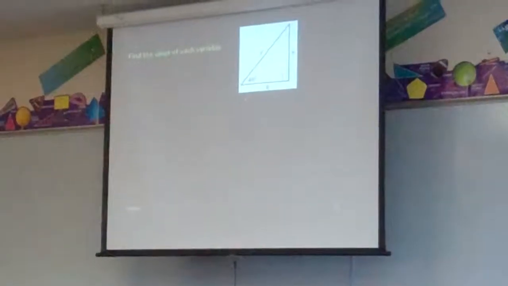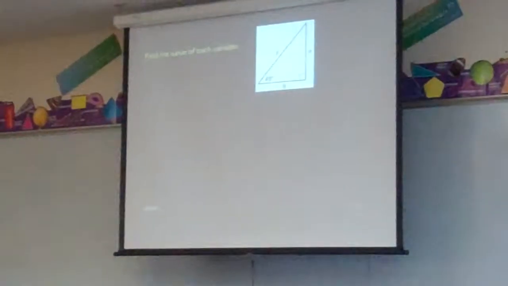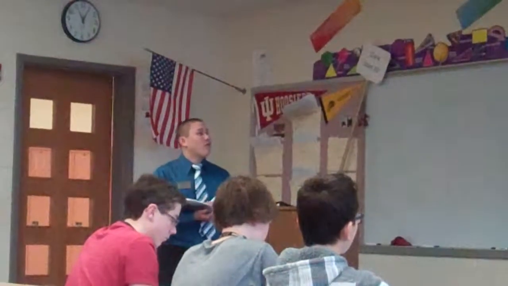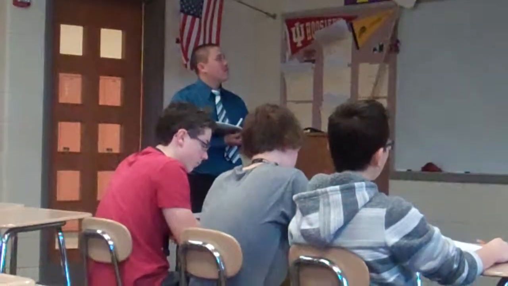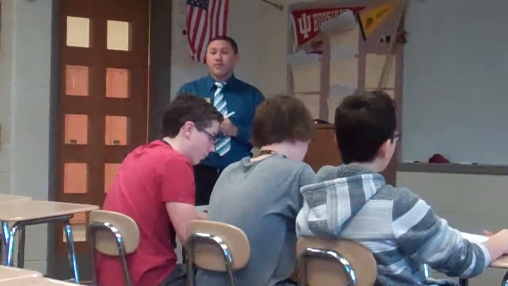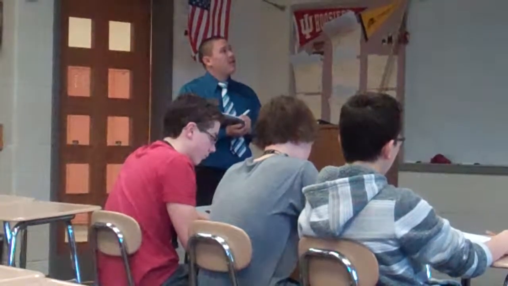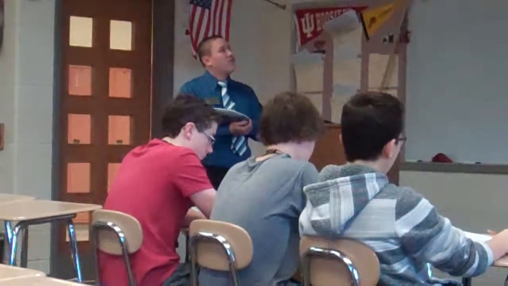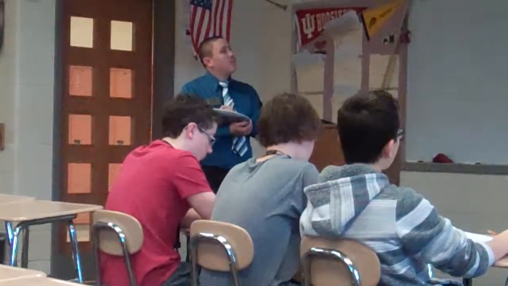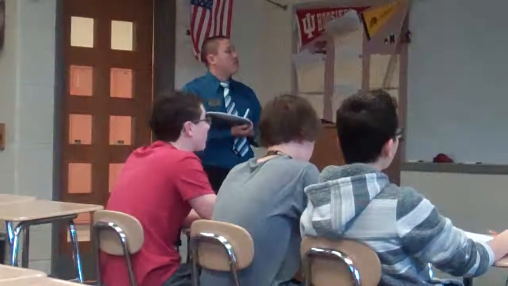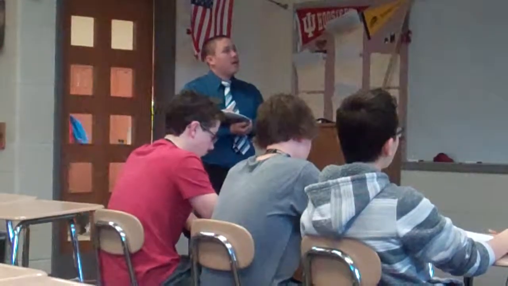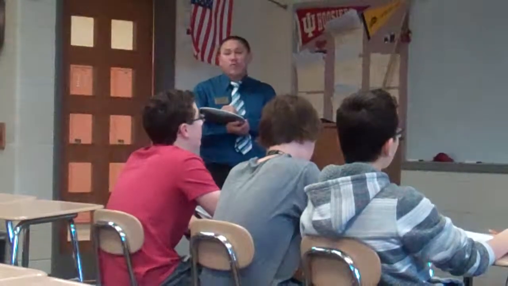So we're given an angle measure, we're given a side, and I want us to find the other two sides. So all we do is set up our trig functions and ratios. Remember, tangent is the opposite over the adjacent side. And cosine, again, is the adjacent side over the hypotenuse.